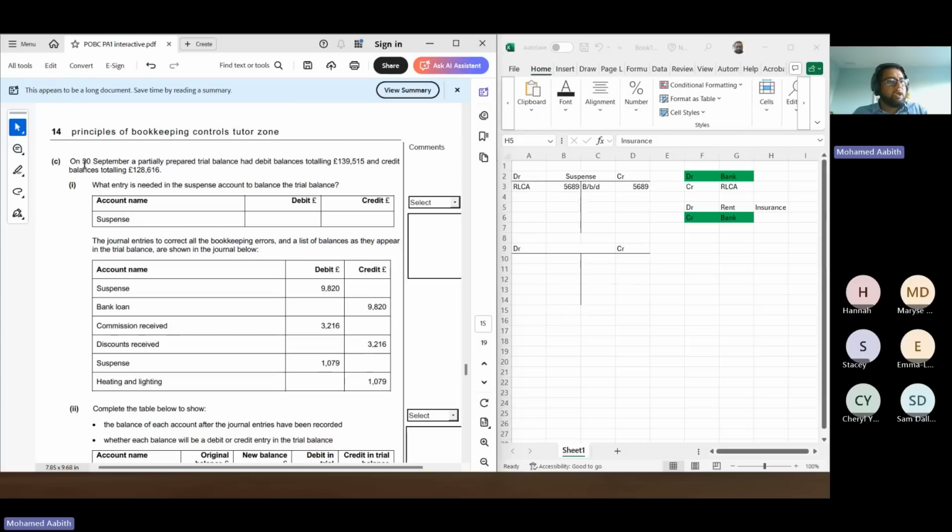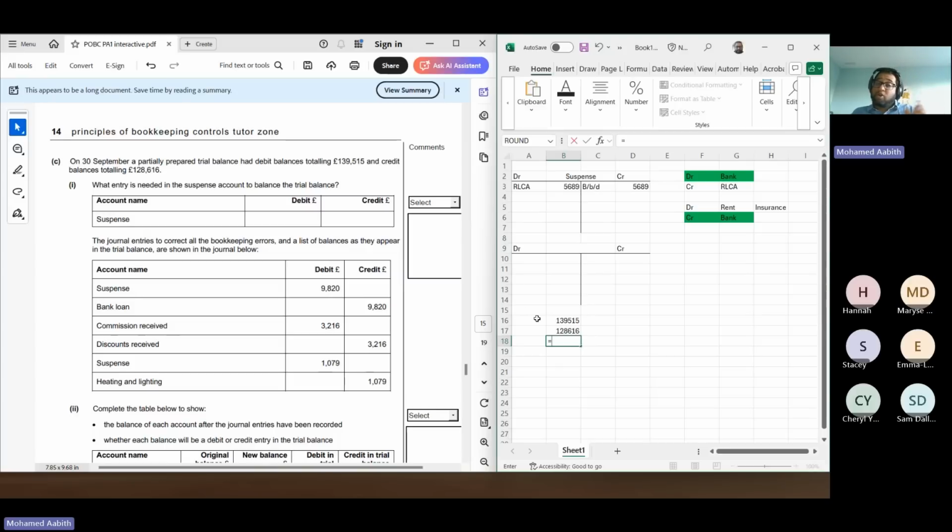So they're asking here, a partially completed trial balance has a debit balance of 139,515, and then the credit side is going to be 128,616. So they ask you, what is the balance of suspense account?